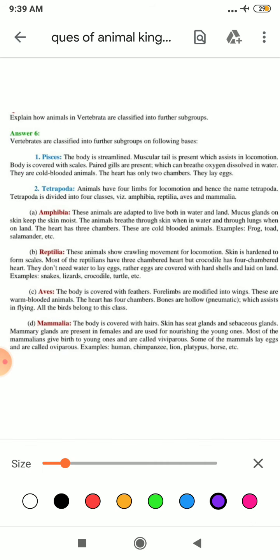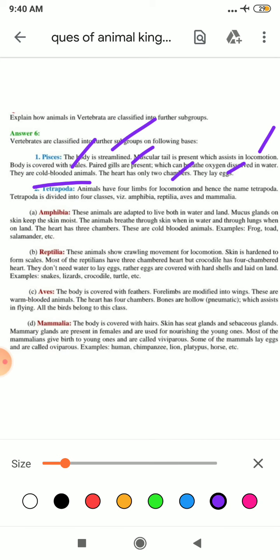In case of Pisces, all your fishes will come. I have told you that they have a streamlined body, which helps in their locomotion. Their body is covered with scales, they have gills, and they are cold blooded animals, that is, they change their temperature. The heart has only two chambers and they lay eggs.